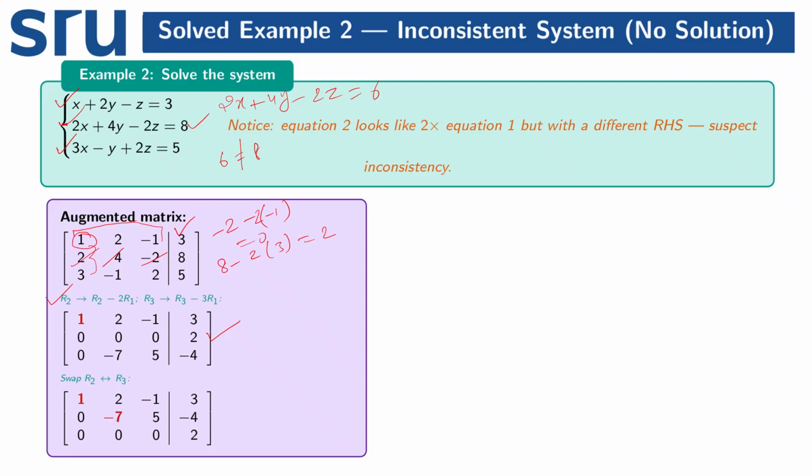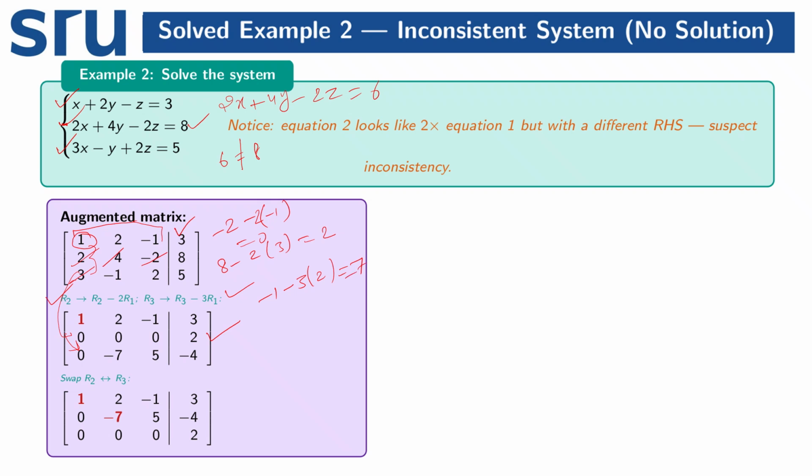Now we apply the other operation as well, that is R3 changed to R3 minus 3 times R1. Okay, so this 3 will become 0 here, and this minus 1 will become minus 1 minus 3 times 2. Okay, that will become minus 7.